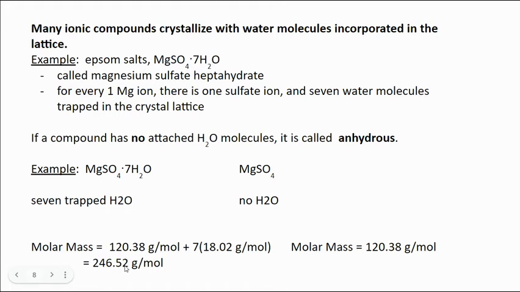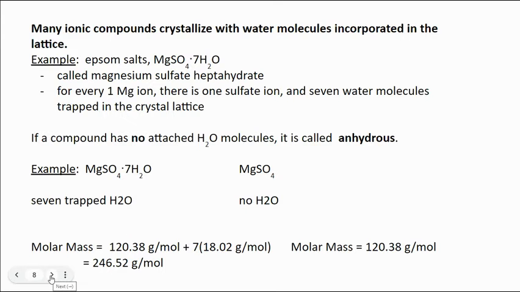So when it's in its hydrated form, you can see that the molar mass, 246.52, is much, much larger than it is in the dry form. And that should make sense. It has extra water trapped in it, so of course it's going to be heavier. And that will play a significant role in our last part of the unit.